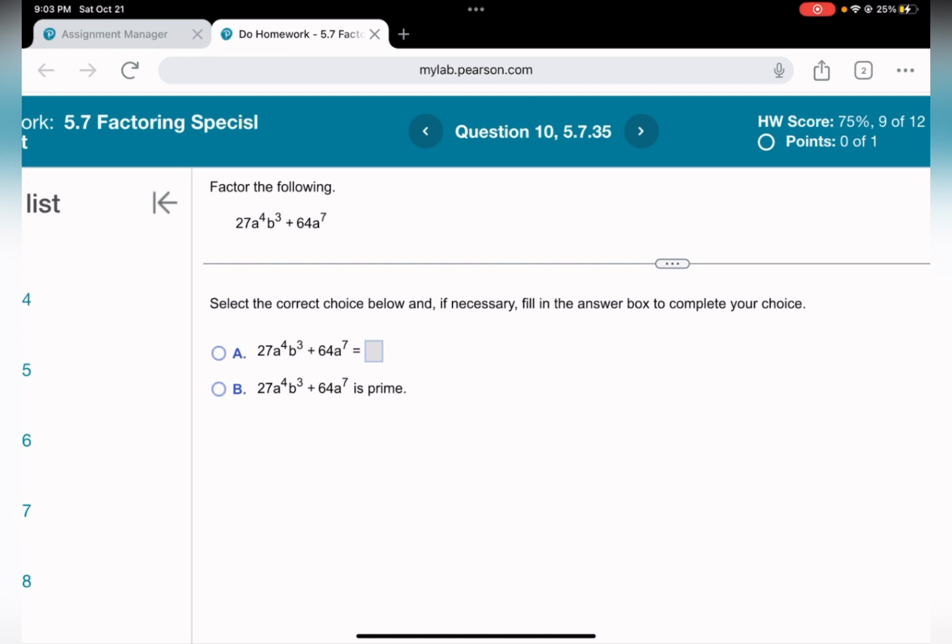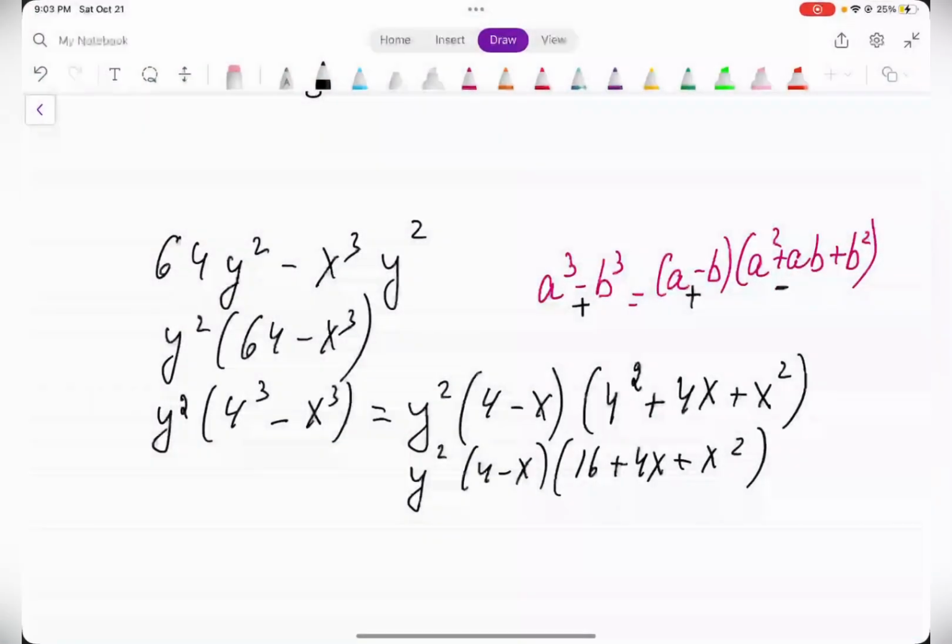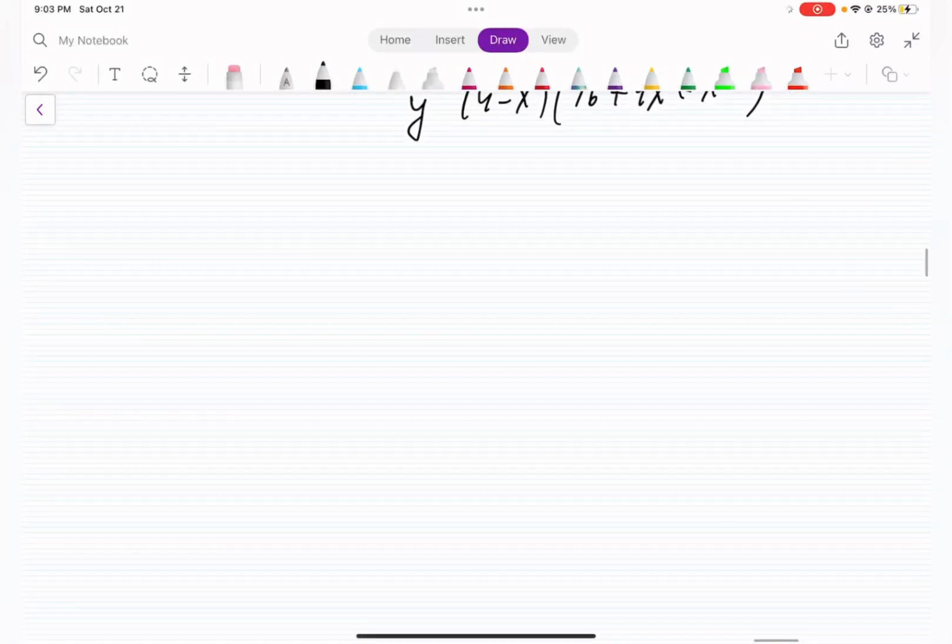Let's solve it. A to 4 b cubed plus 64 a to 7. So first of all, 27 and 64, how much can we take out? Nothing. They don't have anything in common. But a to 4 we can take out, right?